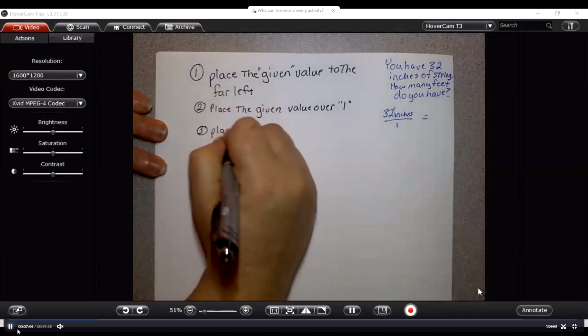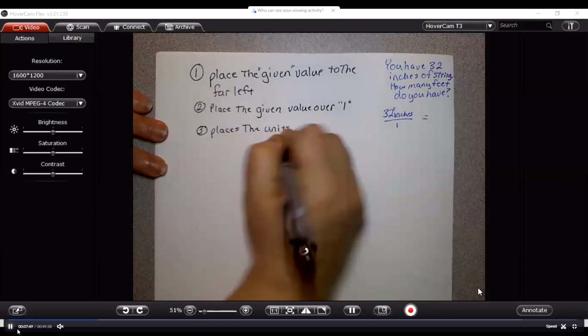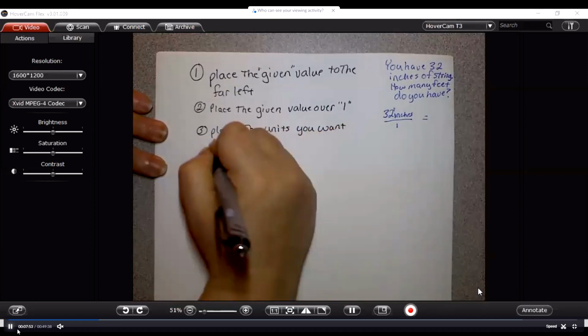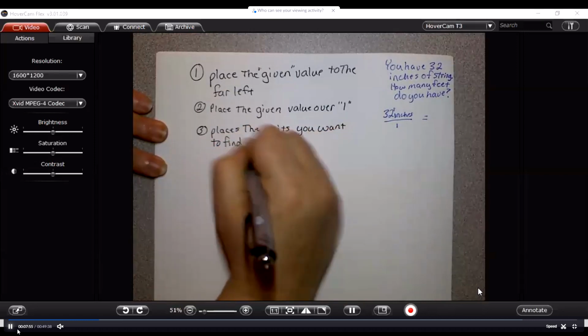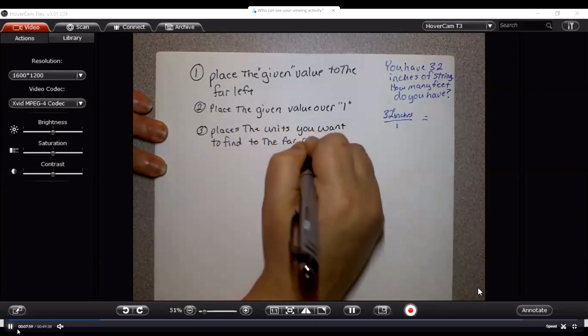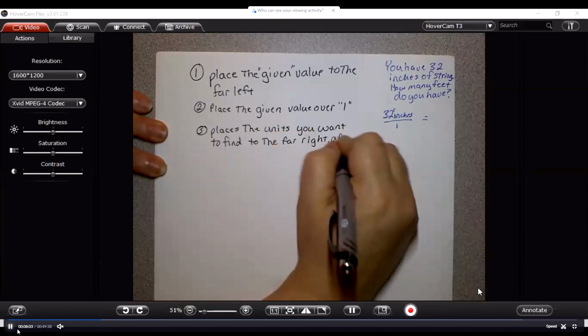Step number 3, on the far right-hand side of our new equation, we're going to put down the value that we're trying to get into, the value we're trying to find. This is our unknown. In our case, it's going to be feet. So 32 inches is our given on the far left.